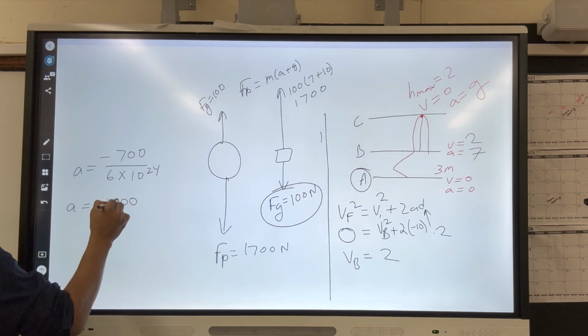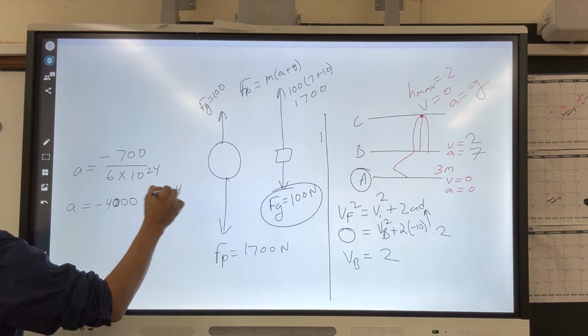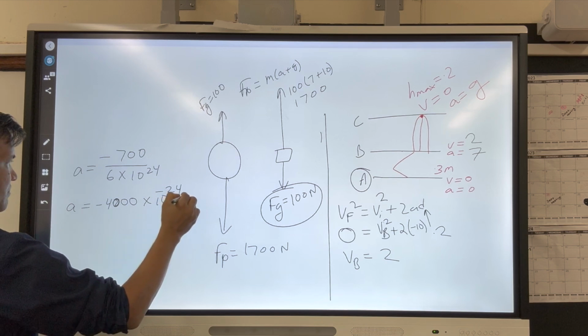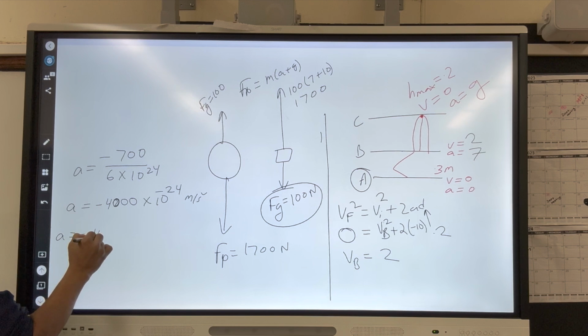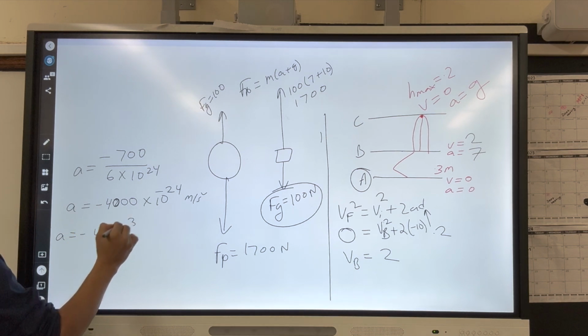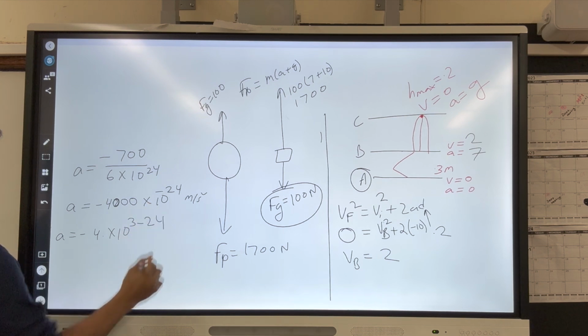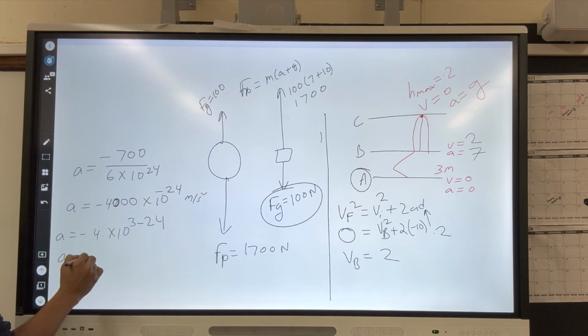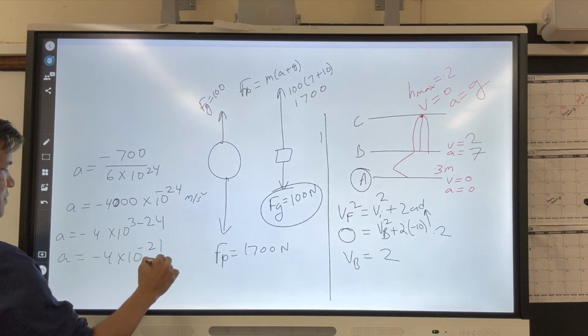I can put a 0 over here, doesn't matter. Times 10 raised to negative 24 meters per second squared. Okay, so the acceleration is negative 4 times 10 raised to negative 21 meters per second squared.